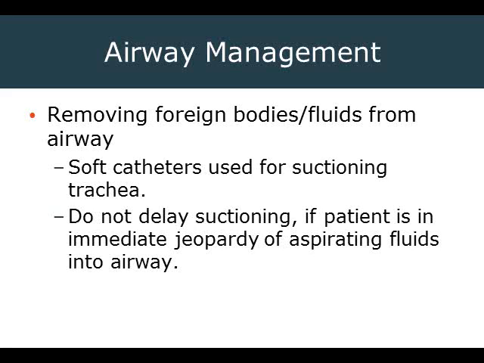This is not the same as gauge. With gauge, remember, the lower the number, the bigger it is. French, like with nasopharyngeal airways, which are a lot of times 20 to 36 French, the bigger the number, the bigger the tube is.